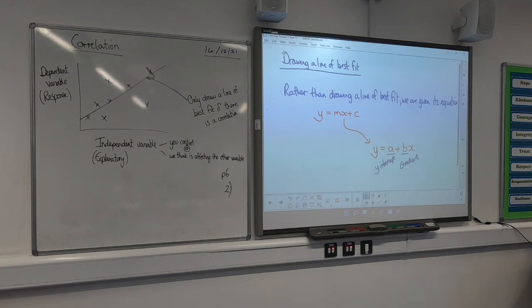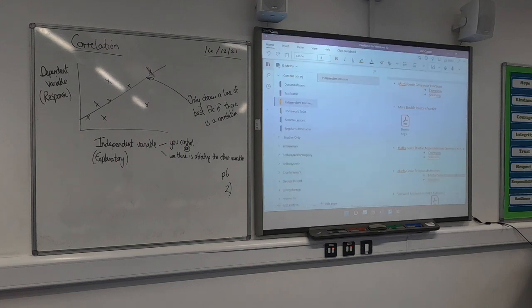Now, bizarrely, we didn't do any correlation last year, but the textbook splits this topic between year 1 and year 2. Oh no, my session's timed out. Oh dear. Right, okay. Hang on a minute.